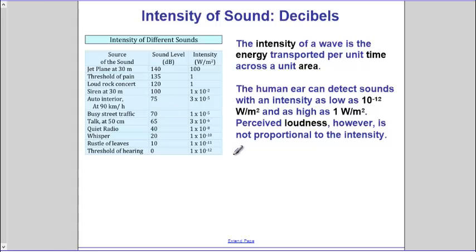The intensity of sound can also be described on the decibel scale, which is logarithmic, and this is not essential to an understanding for what you need to know on this test, so we're just going to breeze through it. But I will say that the intensity of a sound wave is the power per unit area.